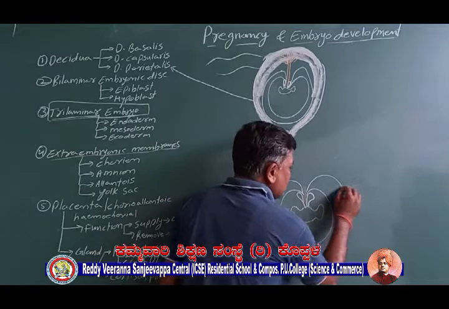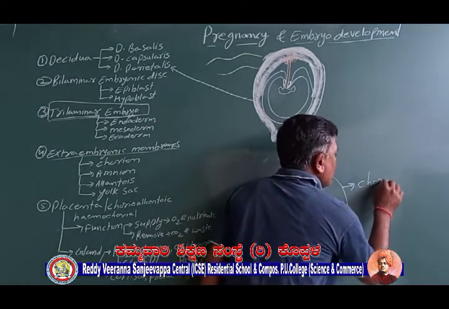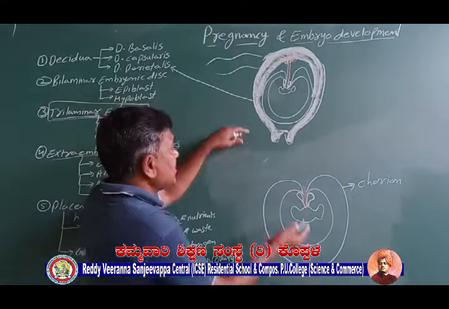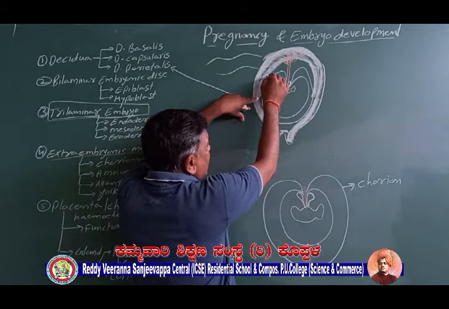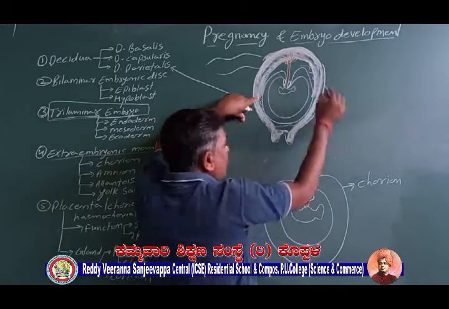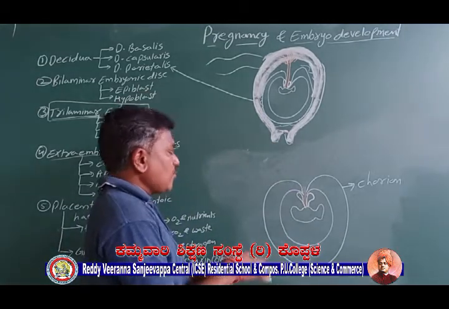Now, the outermost layer is called the chorion. See here. So, the endometrium is attached with the chorion. Chorion forms the outermost layer. Now, what is the function of the chorion?